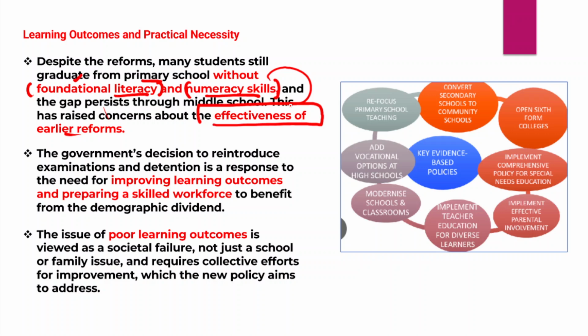And in fact, the government's decision to reintroduce examinations for class 5 and class 8, and detention if students fail, is a response to the need for improving learning outcomes, a supportive and better learning environment, and also preparing a skilled workforce.